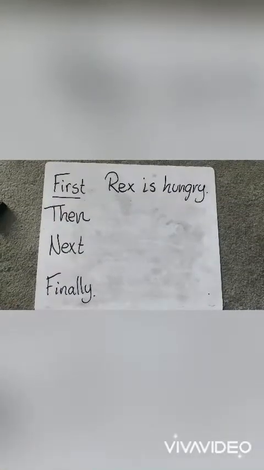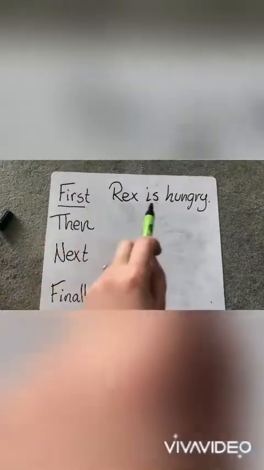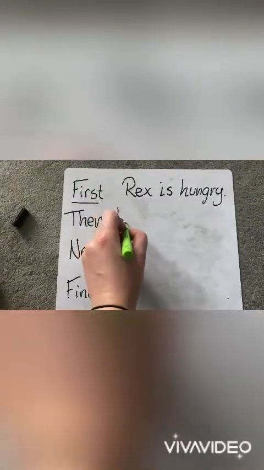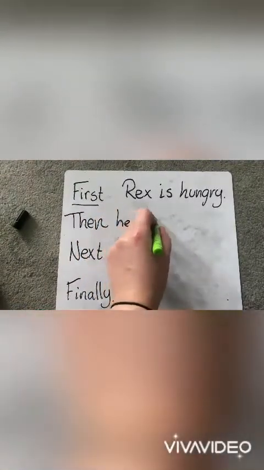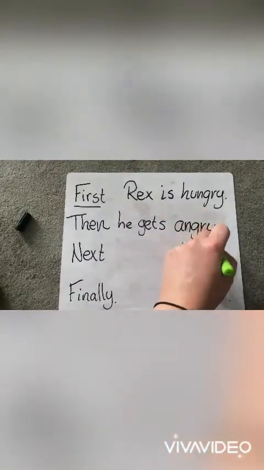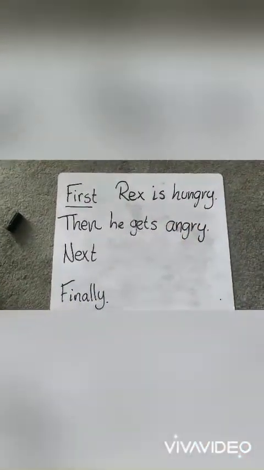Let's think about what happens next. So first Rex is hungry, then he gets angry. He gets angry because he's so hungry.